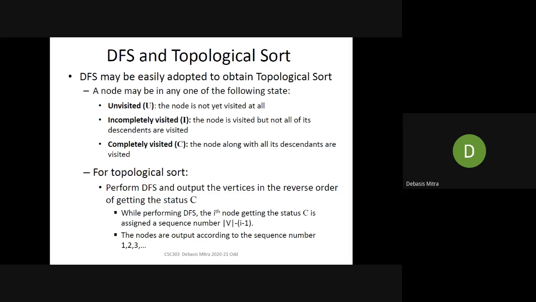In this way you keep a record, and then you print the order in reverse order of getting the status C. That means you output the node which gets the status C last as the first node of your topological order. Got my point?